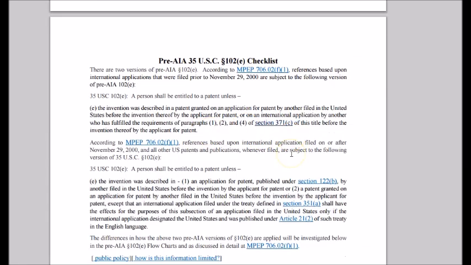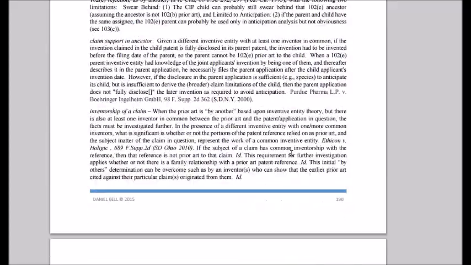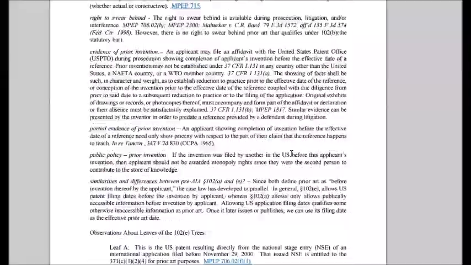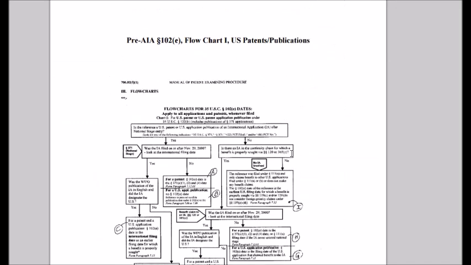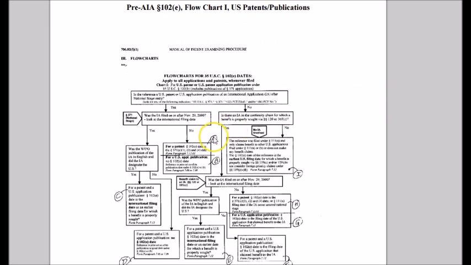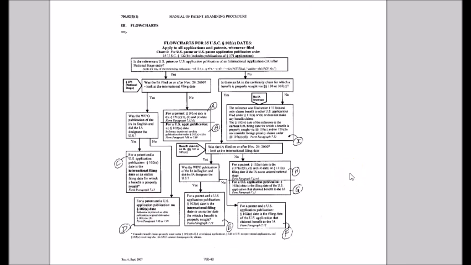There's a 102E checklist. These are all the process documents. You have the pre-AIA 102E flow charts, which are from the MPEP. You'll notice I've labeled each of these nodes A, B, C, D. What we do with that is in the sword tables, in addition to putting the effective date of a reference under 102E, there's a little notch next to it, and we're telling the supervisory lawyer where we ended up in the table.